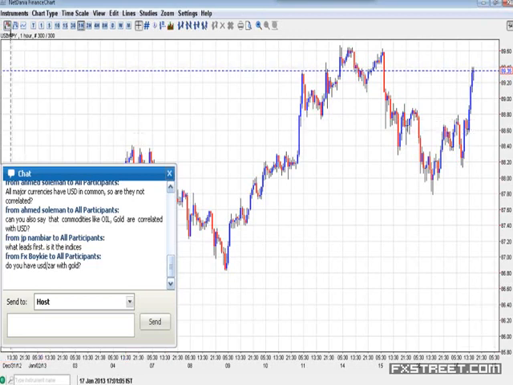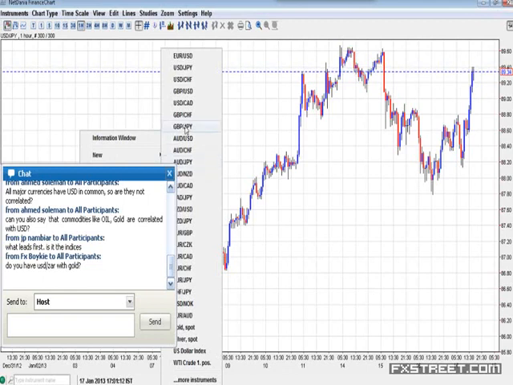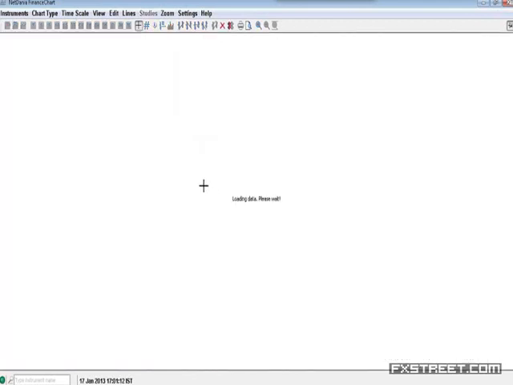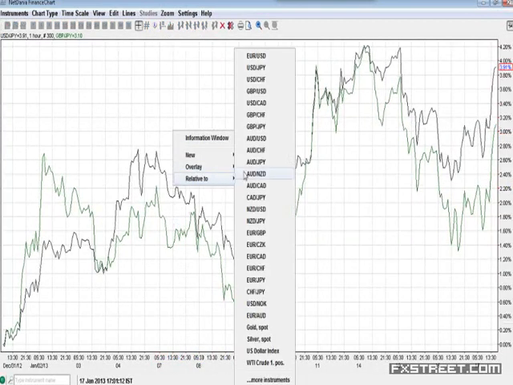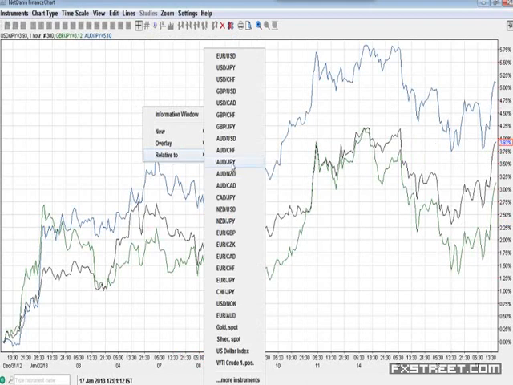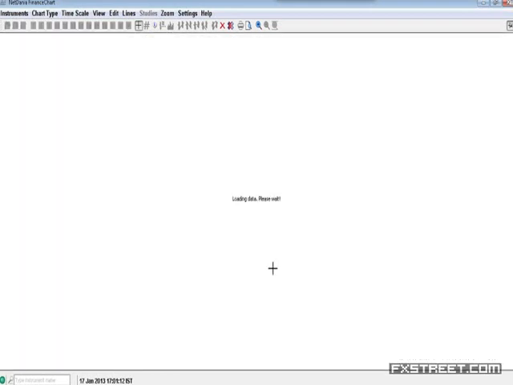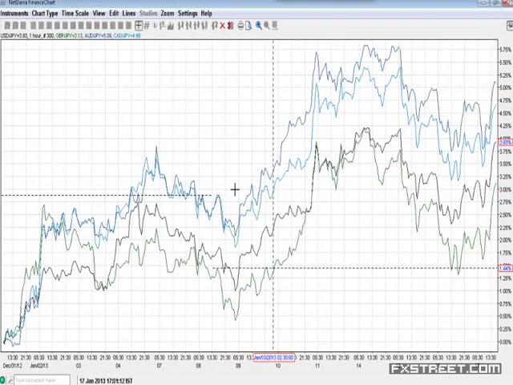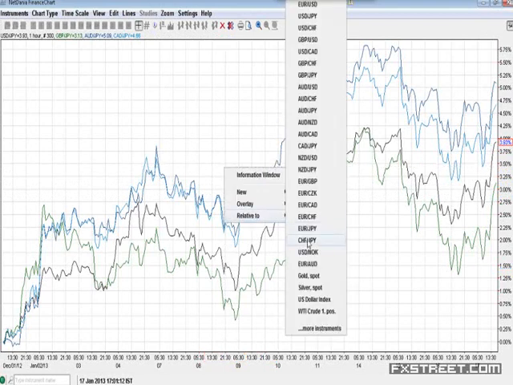Let's just see. Just give me one moment. USD JPY, let's do a correlation with GBP JPY, absolutely the same, with AUD JPY, not bad, with CAD JPY, absolutely, and CHF JPY, Euro JPY.